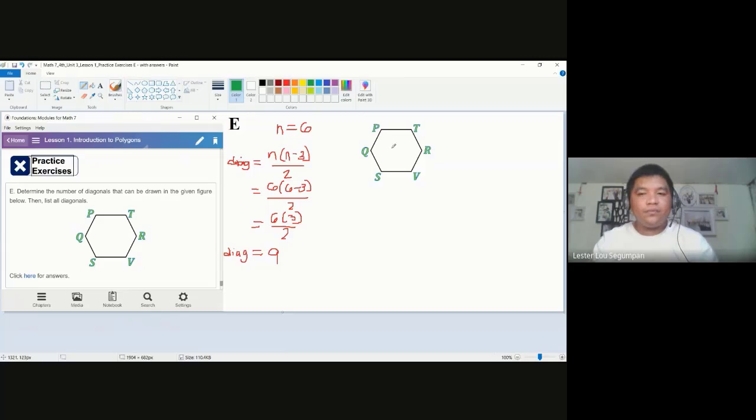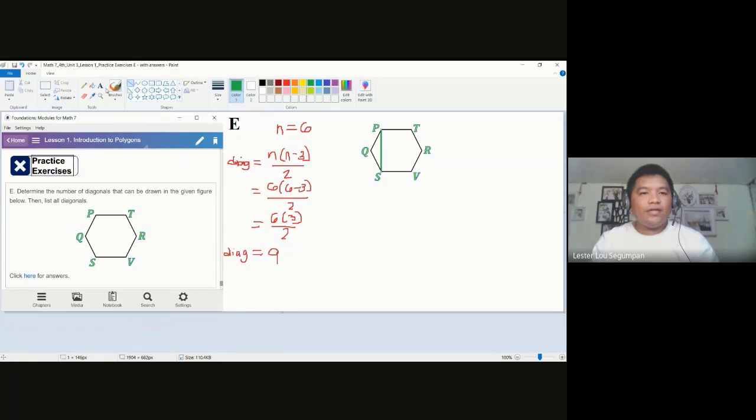Let us draw a line segment from point P to any of the vertices as long as it's non-consecutive to point P. Vertex Q and vertex T are not possible. So we could jump here and draw this line segment.